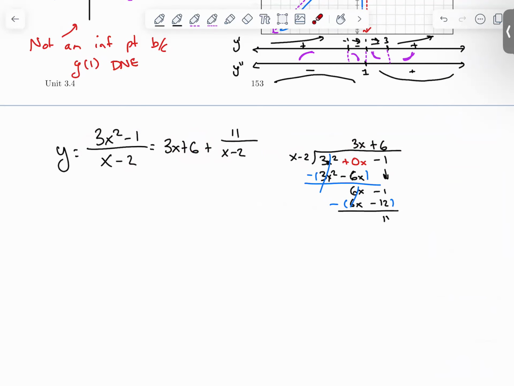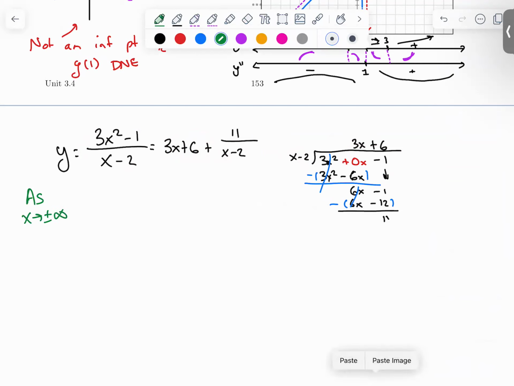Now, why is that important? What that's telling us is that as x goes to positive infinity or negative infinity, it doesn't matter actually, this curve on the right-hand side just goes to 0. Because as x gets infinitely large, this will just be a finite number divided by infinity. It'll go to 0.